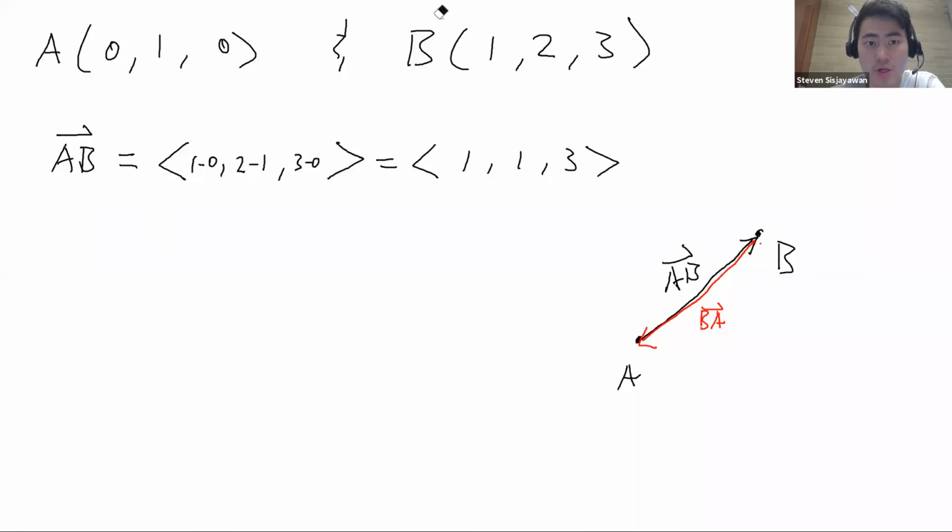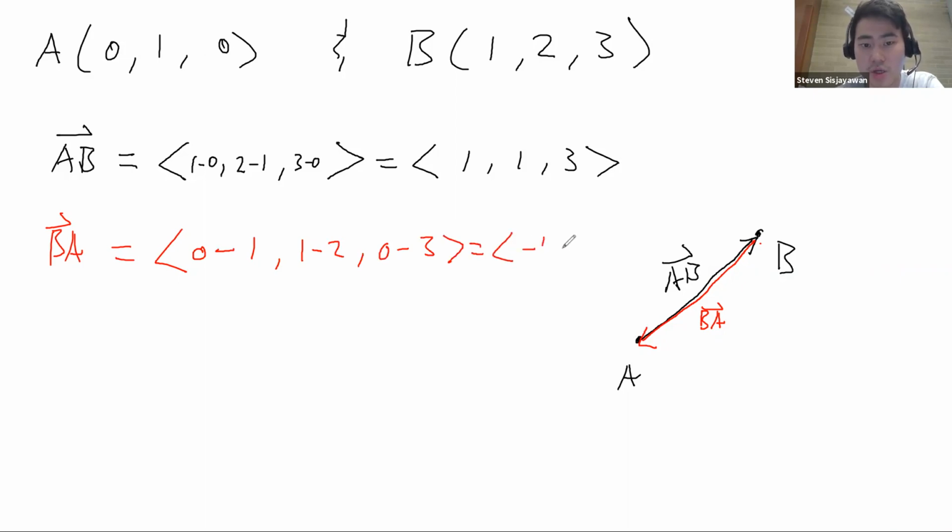You want to take the point at the head. In this case, the point at the head of the vector is going to be A. So that's going to be 0 minus 1, then 1 minus 2 for the y component, and the z component is going to look something like 0 minus 3. So that's going to look something like <-1, -1, -3>.